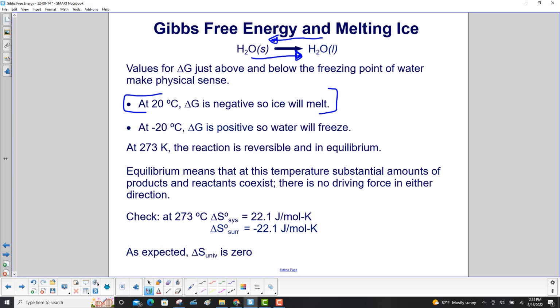And at 273 Kelvin, the reaction is reversible and in equilibrium. Equilibrium means that at this temperature, substantial amounts of products and reactants coexist. There is no driving force in either direction, so you will have ice and water at the same temperature. And if you add delta S for the system to the surroundings, you get delta S universe is 0, which means it's a reversible reaction.